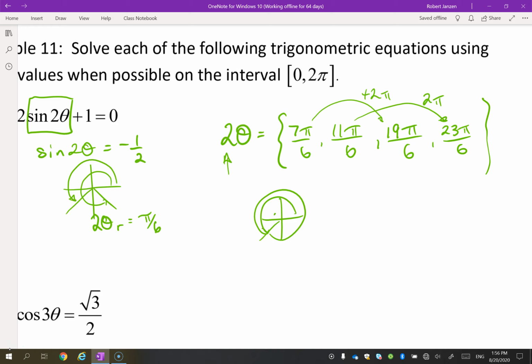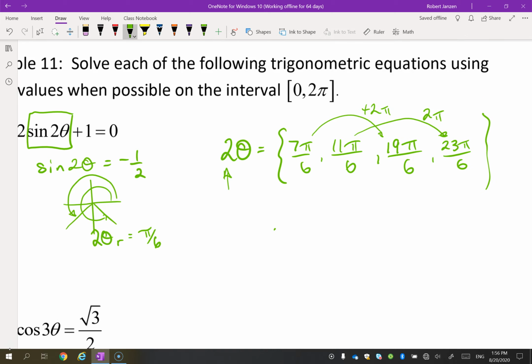Well, what we're going to do now is look at just the single angle. I just need to do a little erasing here. All right, there we go. Now I want you to think about what is theta. How do we get from 2 theta to theta? Here we're going to divide by 2. Now we don't divide by 2 by dividing the angle in half.